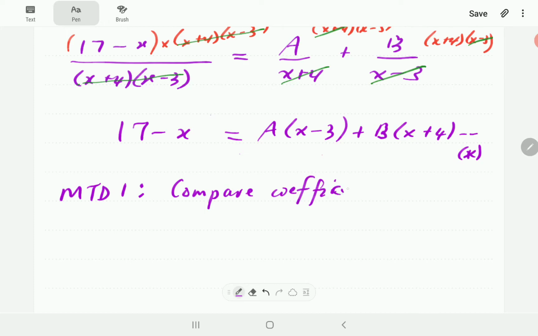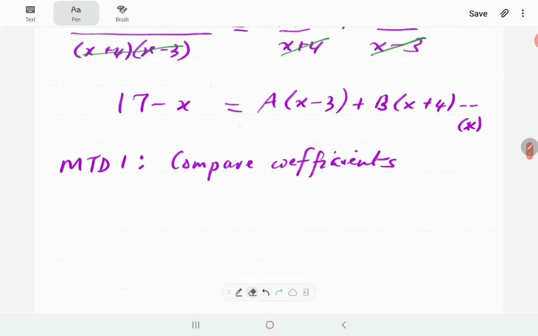You can see this side we have a polynomial, also this side we have a polynomial. It's just that this side the polynomial involves these unknown numbers, but the mission of this is to find those numbers.